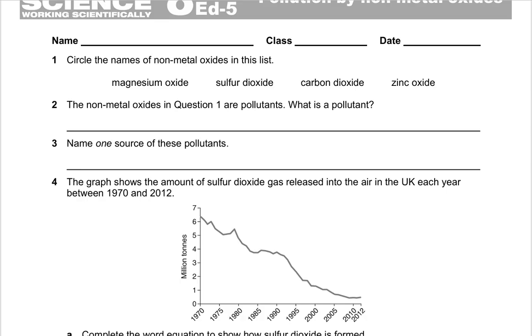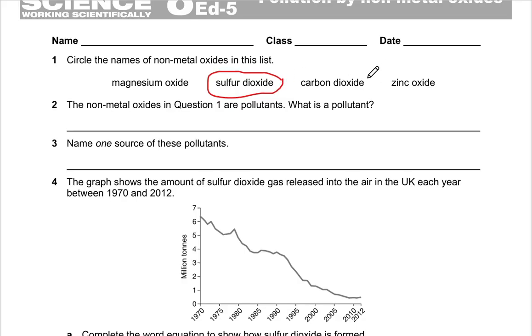Once you identify the metal oxides, you can easily identify the non-metal oxides. I'll give 10 seconds to see the answers. Okay, so magnesium oxide is a metal oxide or not? Magnesium oxide is a metal oxide. Sulfur dioxide? No, it's not a metal oxide, so it's a non-metal oxide.